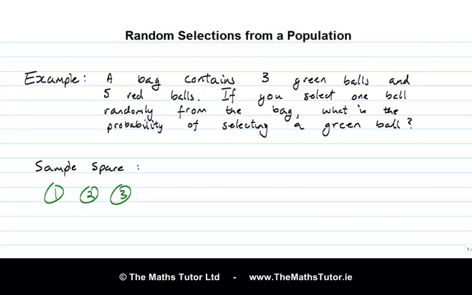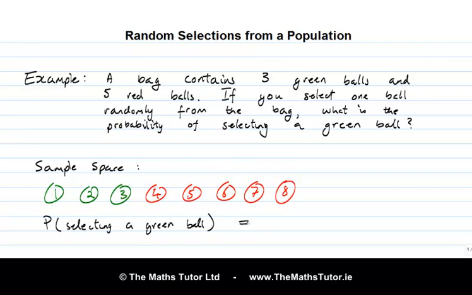So let's say that balls numbered 1, 2 and 3 are green, and that balls numbered 4, 5, 6, 7 and 8 are red. So there are 3 green balls and 5 red balls. Now you can see that the sample space consists of 8 equally likely outcomes. Now, what's the probability of selecting a green ball?